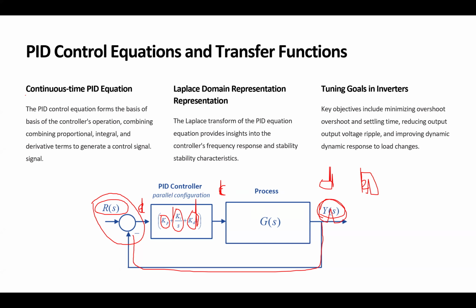Okay, so it is the continuous-time equation. Normally we use the Laplace domain representation for the PID controller because an integral differential equation is hard to solve. We use the Laplace transform to reduce that integral differential equation to an algebraic equation.